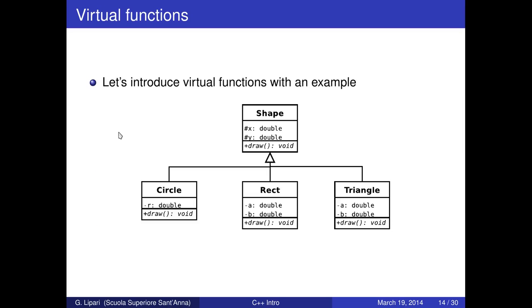So C++ is more flexible because it gives you the possibility to choose which kind of mechanisms you want to implement. If you want to implement the virtual call, dynamic binding, or you want to implement normal calls with static binding. Okay?